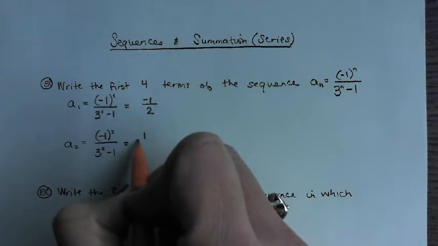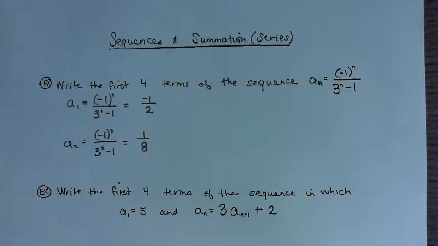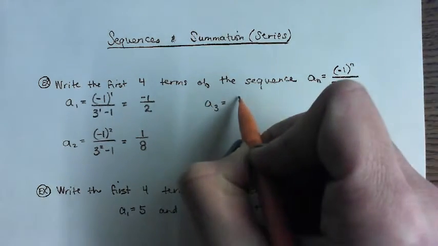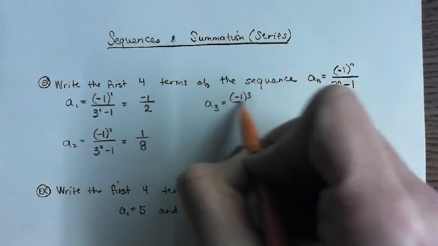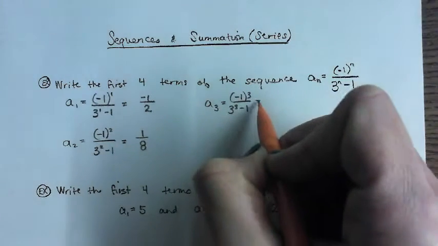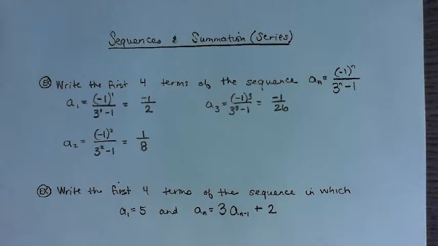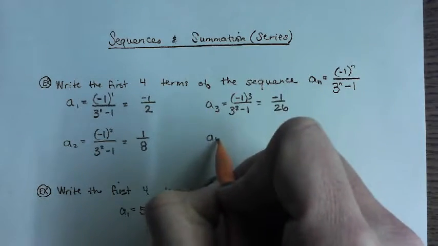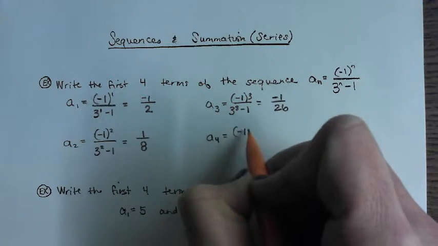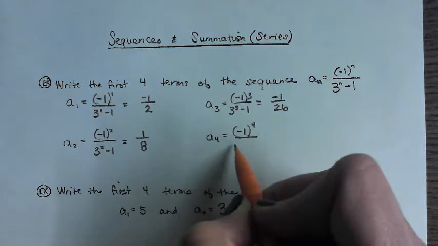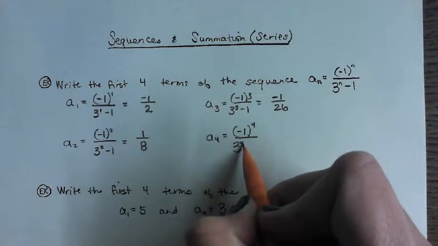That's going to be a 1 over 8. Sub 3. It's going to be negative 1 over 26. And a sub 4. Again, careful of your negative base being raised to an even number.